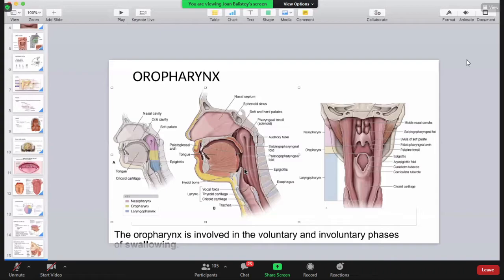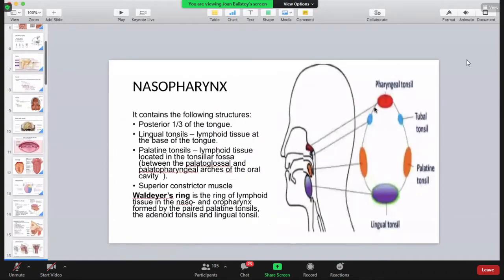So, 3 tonsils make up the Waldeyer's ring. Okay, let us now show the Waldeyer's ring. There, that is your Waldeyer's ring. It's a ring of lymphoid tissue in the nasopharynx and oropharynx.